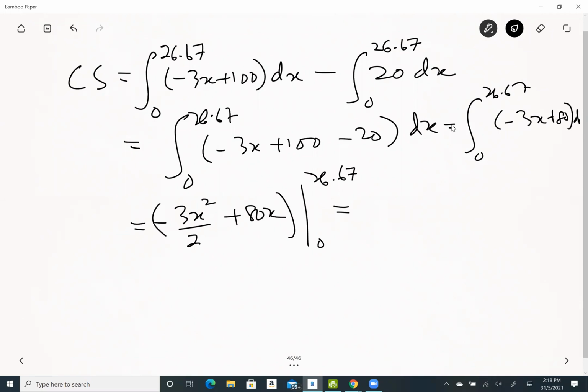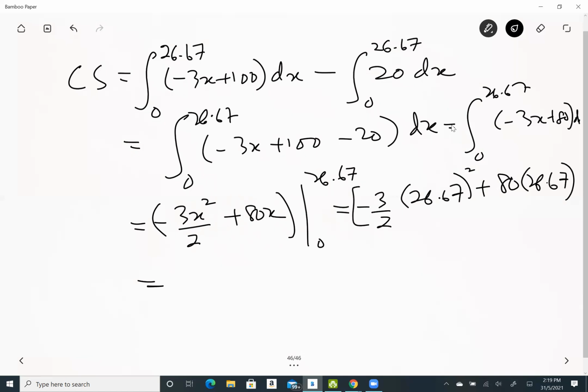Okay, anybody get the value? That will be equal to negative 3 over 2 times 26.67 squared plus 80 multiplied by 26.67. Of course, you can also put minus 0, because everything put in at 0 is 0. So what do you get? Can you compute it?